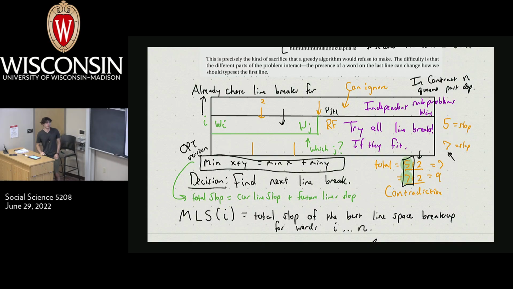And that's just an artifact of our objective function being a sum of things. Just by the definition of total slop, it's the sum of the slops of each line. And so you can compute that recursively by saying the first line plus everything else, by induction.